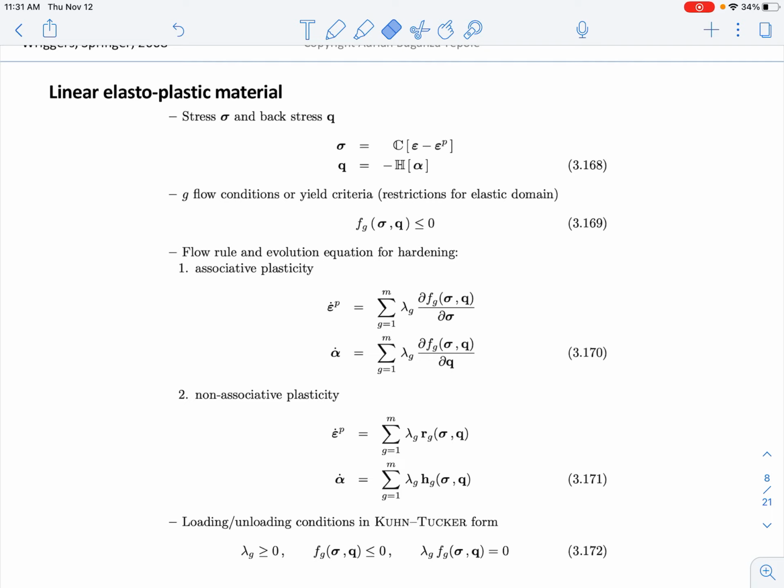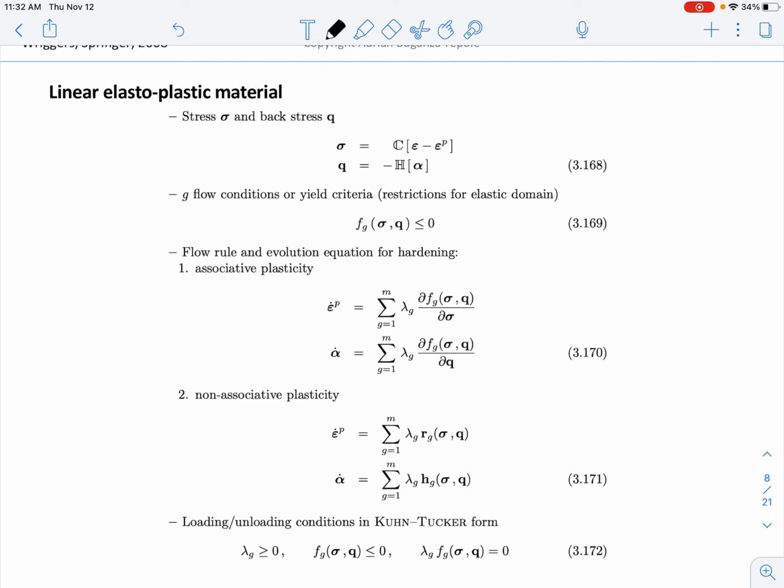And then you have the flow conditions or yield criteria, which is a function of the stresses and the back stresses that has to be less than or equal to 0. Then in case that you go beyond that yield criteria, then you get plastic flow, and you can have associative plasticity where the plastic flow is directly given by the yield condition.